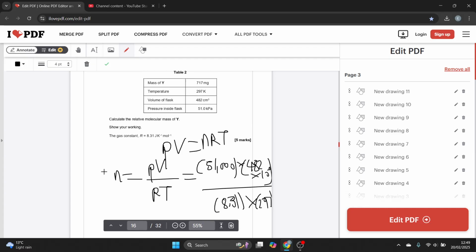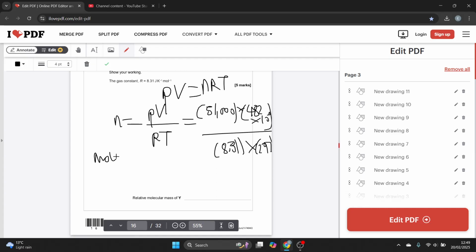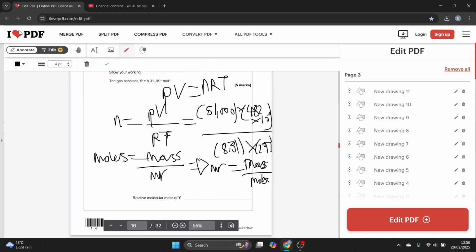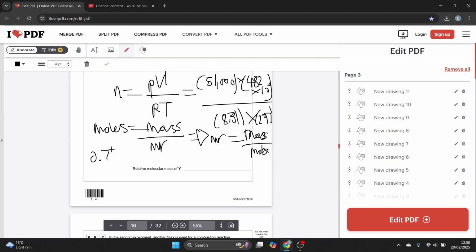That will give me the number of moles, and I know moles equals mass over Mr. I want to find out relative molecular mass, therefore Mr equals mass over moles, and I know the mass, 717 milligrams. I need to convert to grams, so it's going to be 0.717 grams over the number of moles.